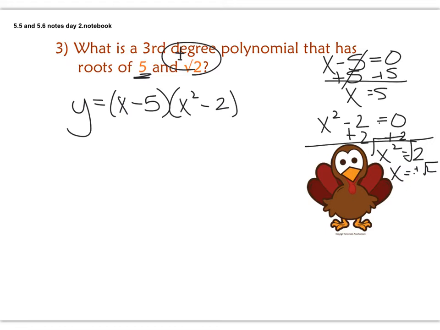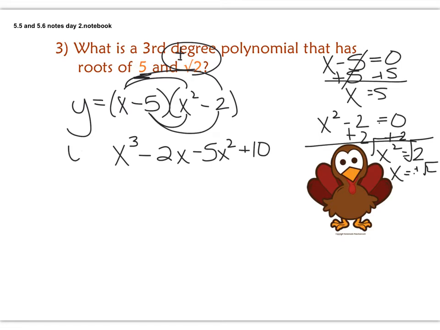So we're just going to go ahead and distribute. So we get x cubed minus 2x minus 5x squared plus 10. And see if we have any like terms, which we do not. But we always want to make sure we leave our answers in standard form.